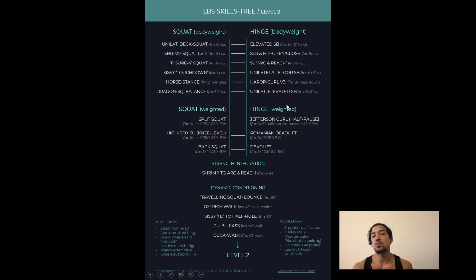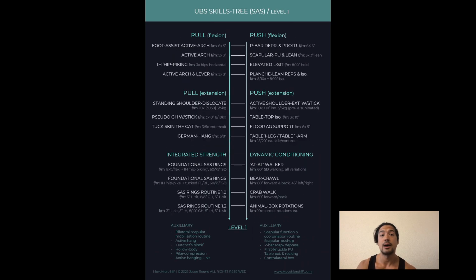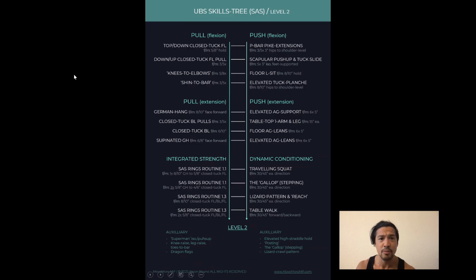Another thing to emphasize with that is that whilst they are given in a horizontal relativity, it's not exactly that this exercise is the opposite of this exercise, or that this exercise is perfectly coupled with this exercise. There are most definitely some cases where, in an upper body strength context with straight arm strength, if I'm performing a front lever in shoulder flexion, the push opposite with that is going to be a planche in shoulder flexion as well, pulling and then pushing.